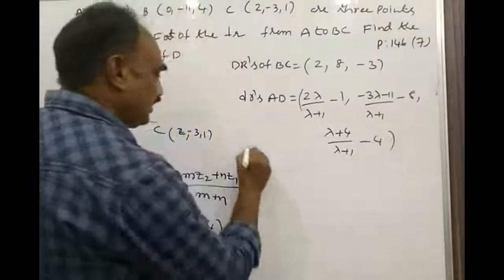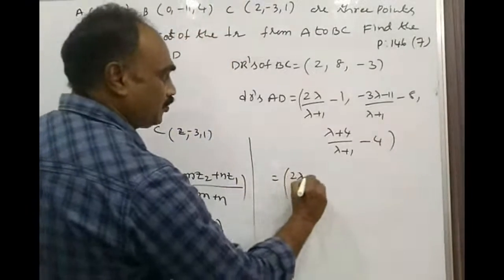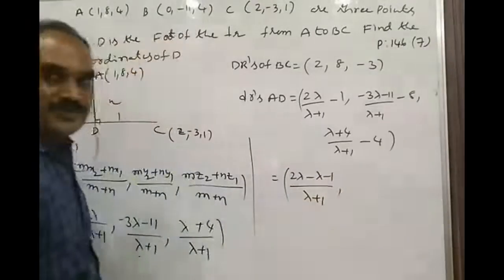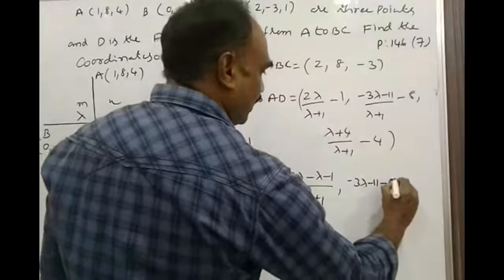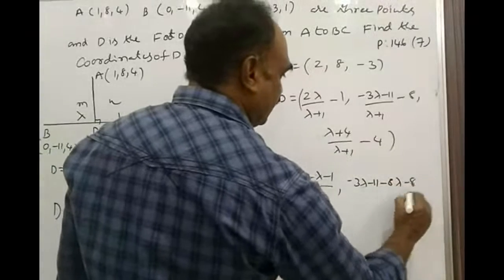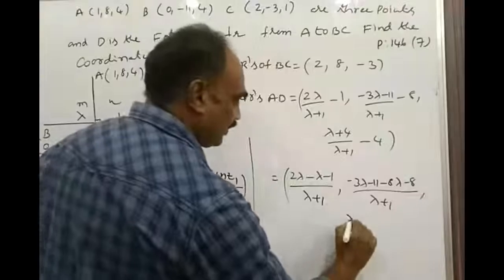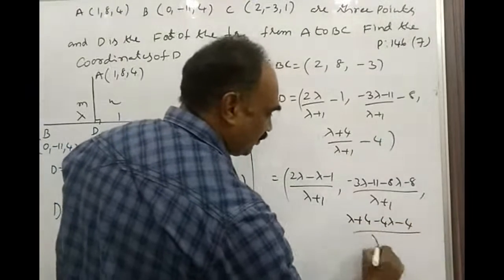Taking LCM lambda plus 1: (2 lambda minus 1) by (lambda plus 1), (minus 3 lambda minus 11 minus 8 lambda minus 8) by (lambda plus 1), (lambda plus 4 minus 4 lambda minus 4) by (lambda plus 1).